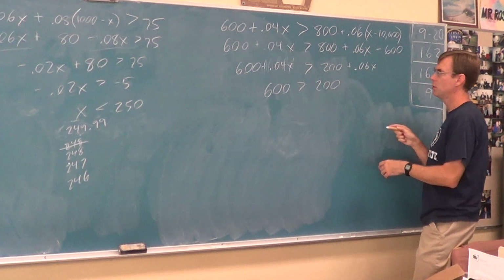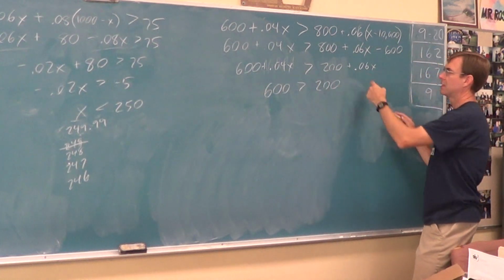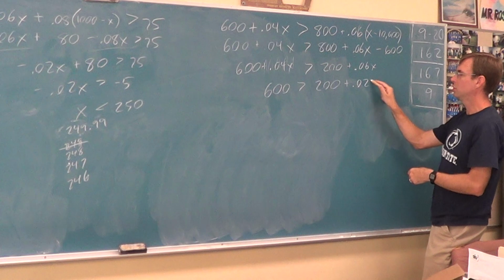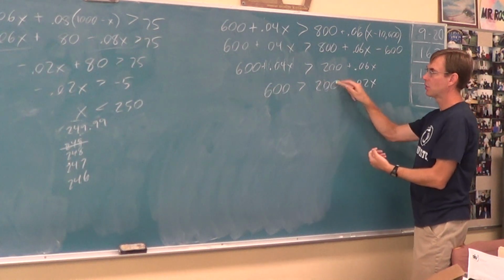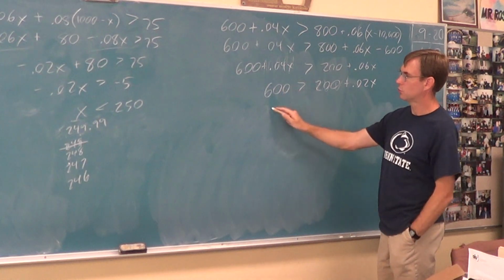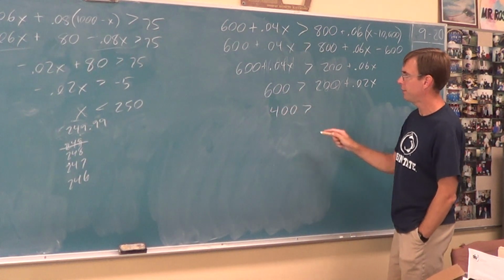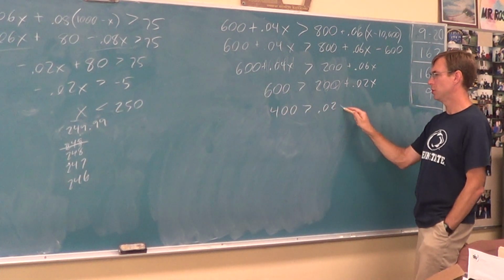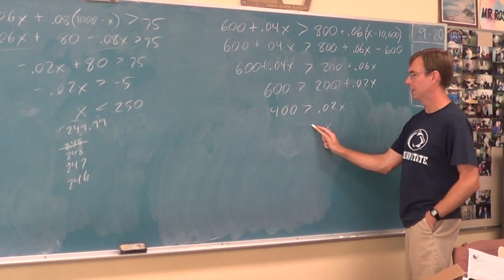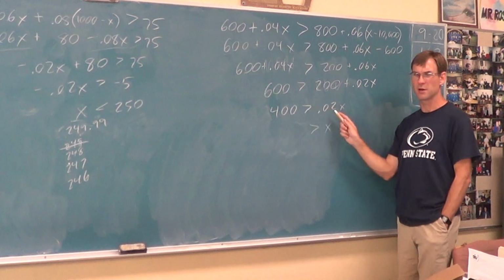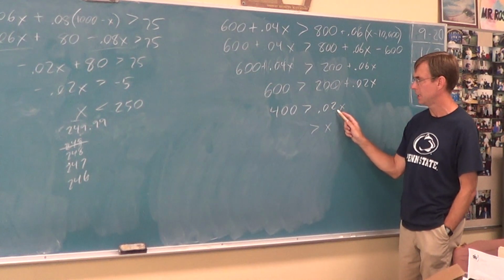Over here still a 200. If I subtract the 0.04, I'd have a 0.02x. This is adding, so I'd have to subtract that out of there. Subtracting 200 is 400. Still the 0.02x. To get the x alone, no thought of any terms because there's no negatives anywhere to be seen.